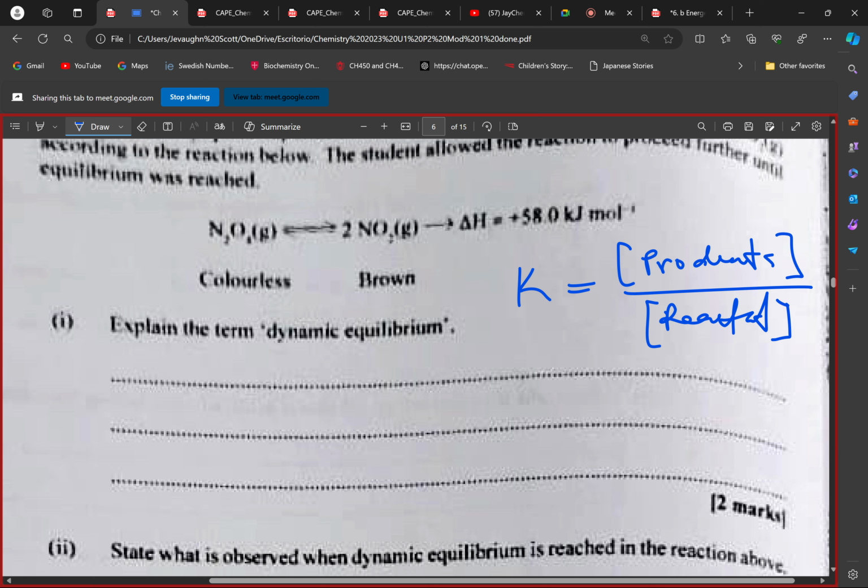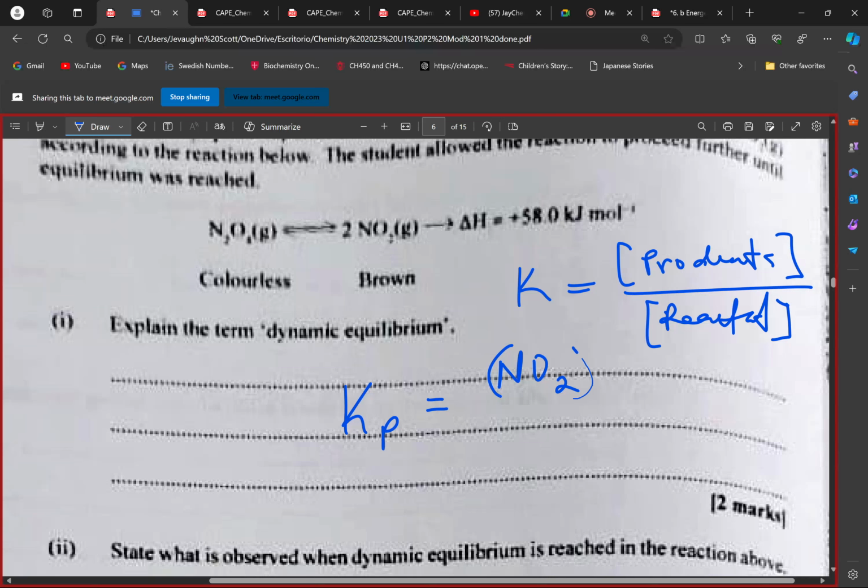Lovely. So it would be P raised to the second power, then NO2, right? So in this case, on the top, yes. I forgot about that. So we're going to have the pressure of NO2.